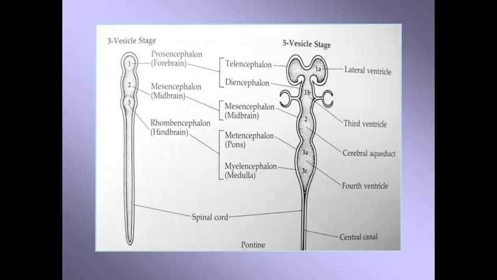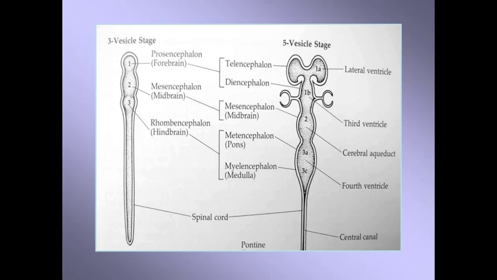At the 5 vesicle stage, the lateral ventricles communicate with the third ventricle through the aqueduct to the fourth ventricle, in continuation after that to the central canal.